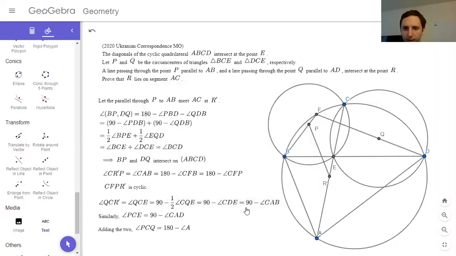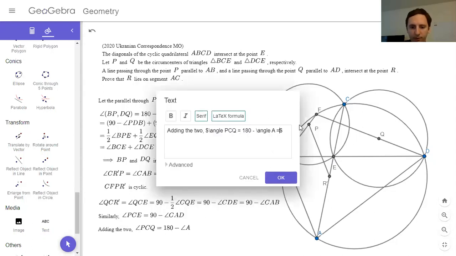So we add the two. Angle PCQ is 180 minus angle A, and PFQ is also 180 minus A. Okay, and that's equal to PFQ. So PFCQ is also cyclic, and so these 5 points lie on the circle.